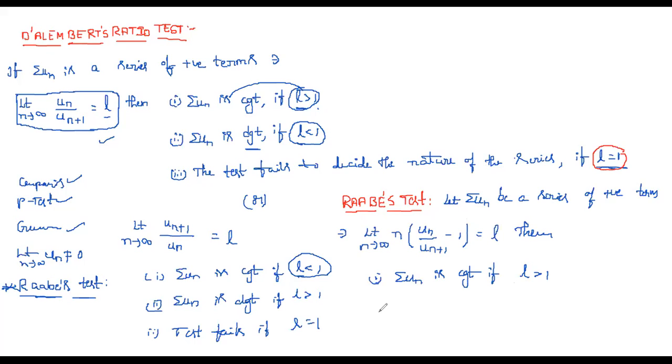The second one, summation u_n is divergent if L less than 1. Third one, the test fails if L is equal to 1.